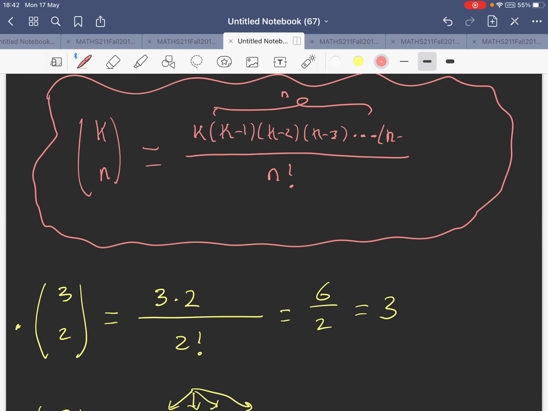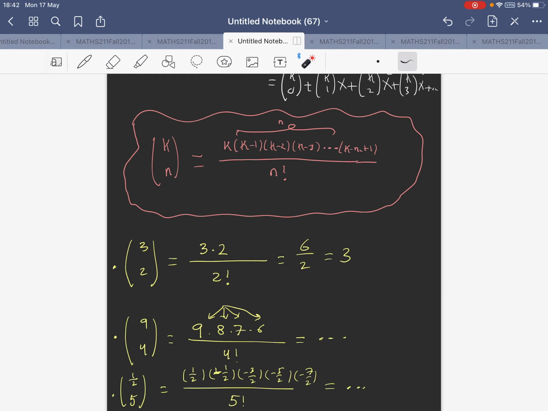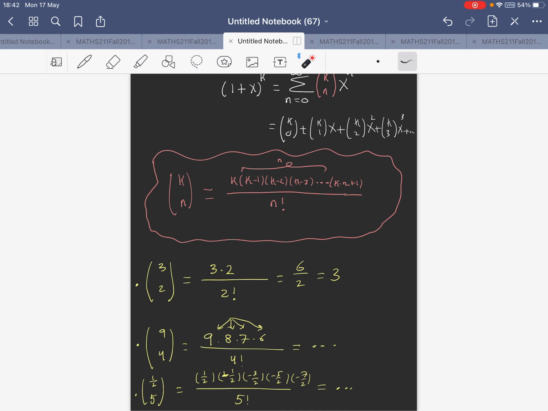So the last one will be k minus n plus 1, because all of them are, look here, 0, 1, 2, 3 up to n minus 1. That gives me n terms. So that's exactly what we have. Let us go and see that in action. Of course, if we have k choose 0, by default, this is 1.